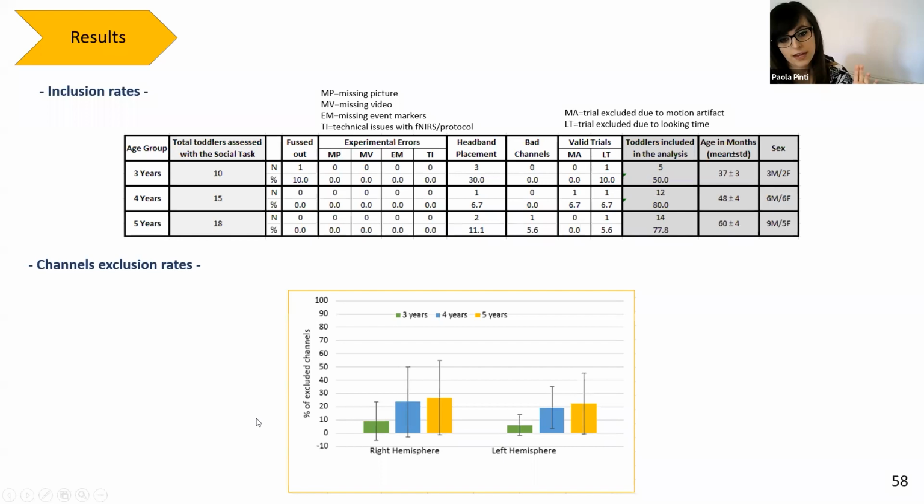We believe this could also be related to the cognitive task, which was probably not engaging enough for them. So they get bored a little bit easier and start moving around more compared to younger kids, like the 3 years old, who just stood in front of the screen for the whole duration of the task.